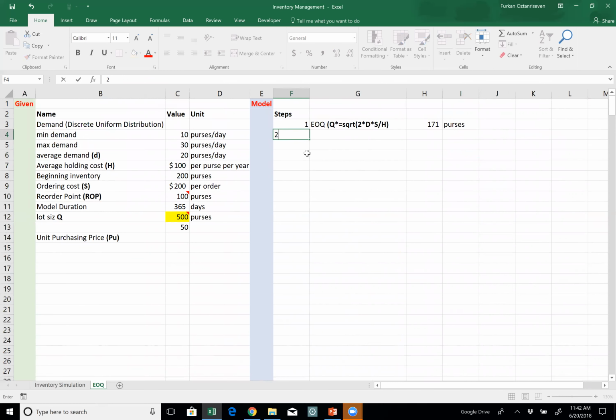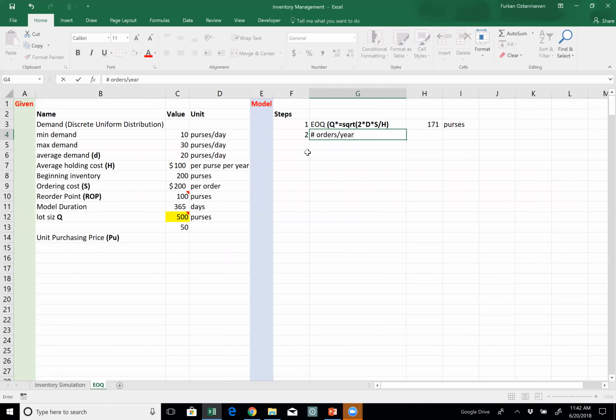All right, so step number 2. You don't have to go through these steps all the time, but I would like to show you how to calculate total cost based on inventory holding costs, ordering costs, and purchasing costs. So let's calculate the number of orders per year.